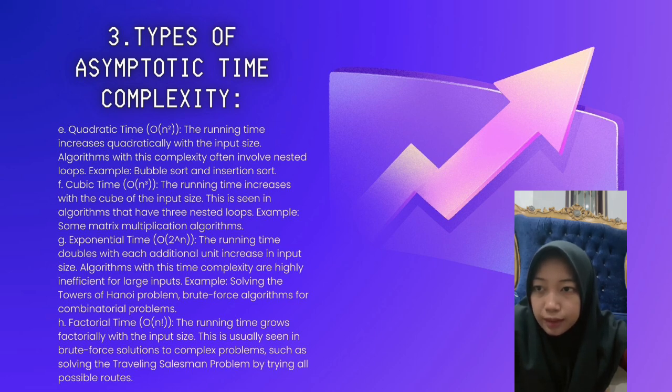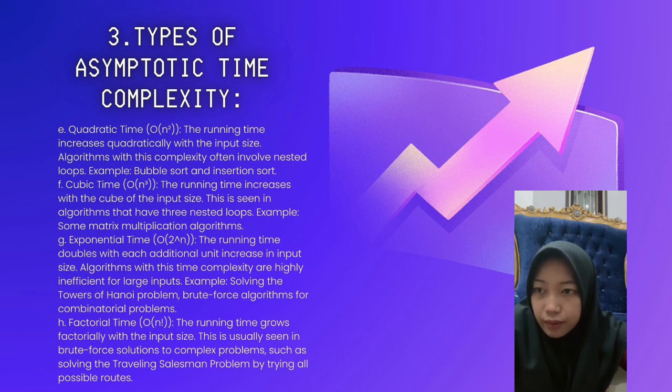The running time doubles with each additional unit increase in input size. Algorithms with this time complexity are highly inefficient for large inputs. An example: solving the Towers of Hanoi problem. Brute force algorithms for combinatorial problems.